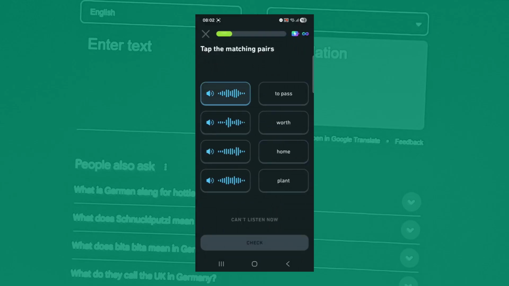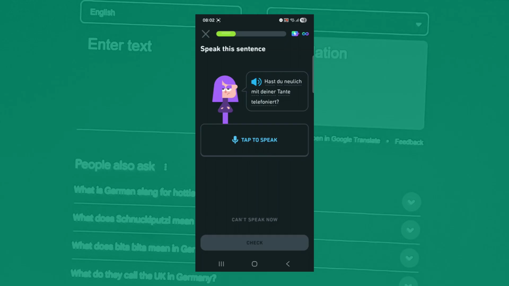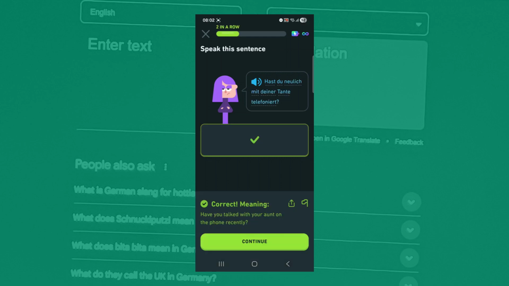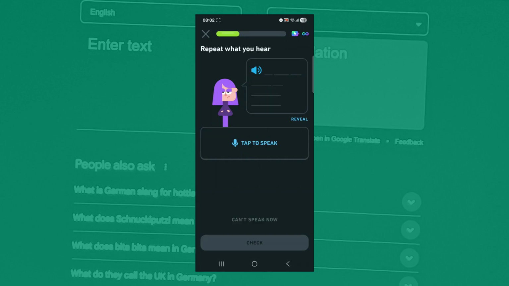Wert. Pflanzen. Bestehen. Zu Hause. Hast du neulich mit deiner Tante telefoniert? Wir haben 2 Stunden lang miteinander gesprochen.